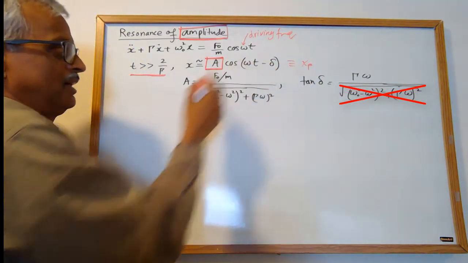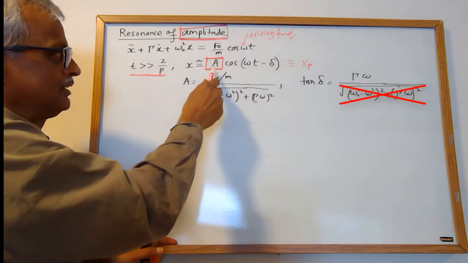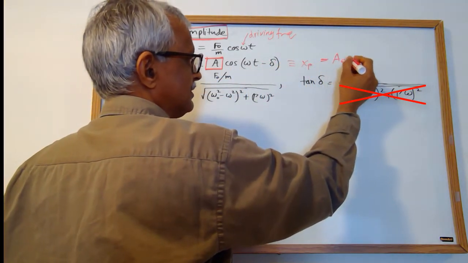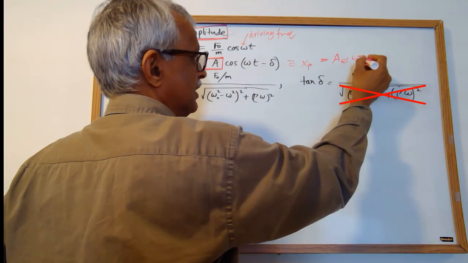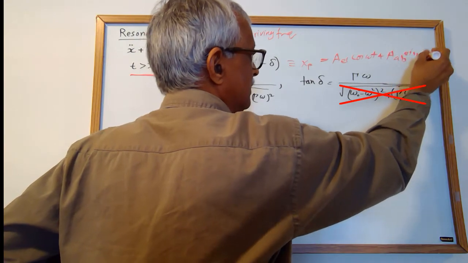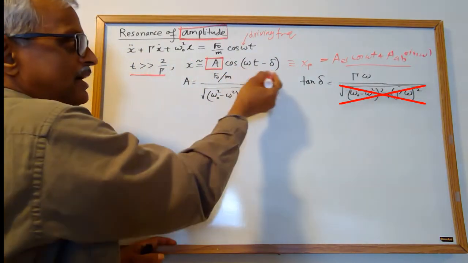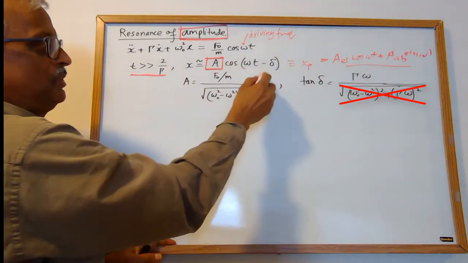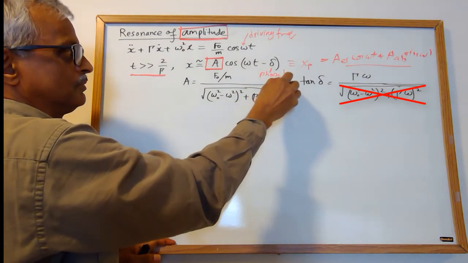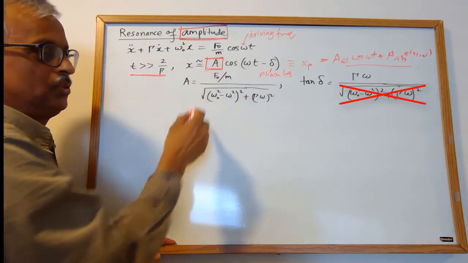And XP we've solved that, and you can write XP in another form also. A elastic cosine omega t plus A absorptive sine omega t. You can write like that also, or you can write it this way. And here we're using phase lag. This is called phase lag.